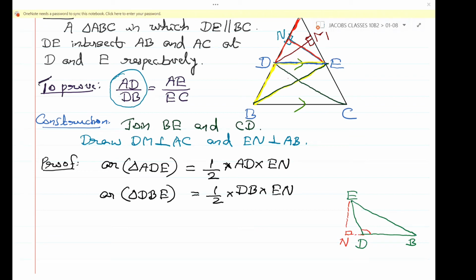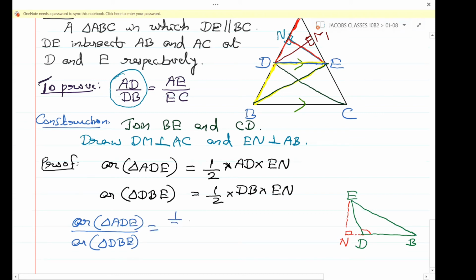Area of triangle ADE divided by area of triangle DBE. We are going to divide these two. So this comes like this: half into AD into EN, divided by half into DB into EN.